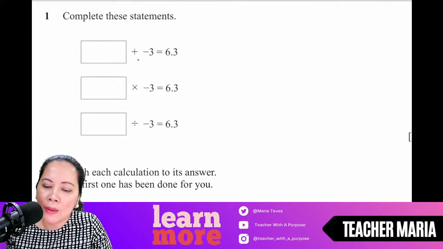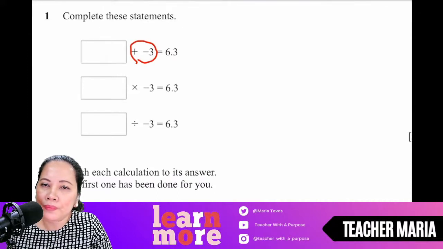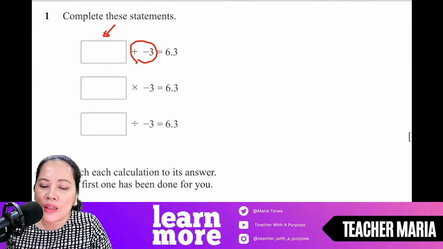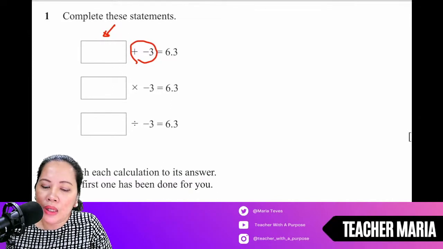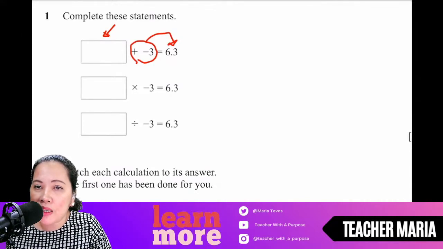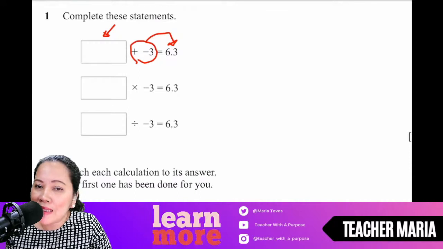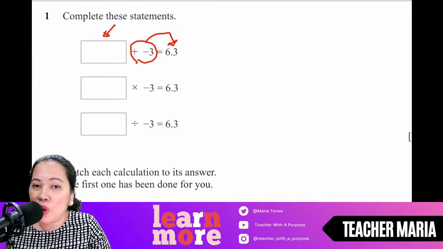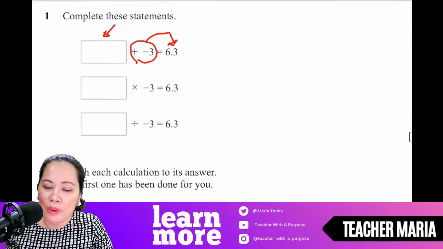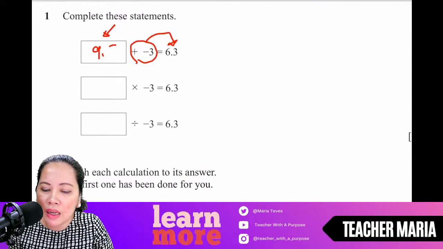Whatever is the number after the unknown, all you need to do is do the opposite operation. Since this is negative 3, when you transfer it to the other side, you have to add 3. If you add 3 to 6.3, that gives you 9.3. So the missing number here is 9.3.